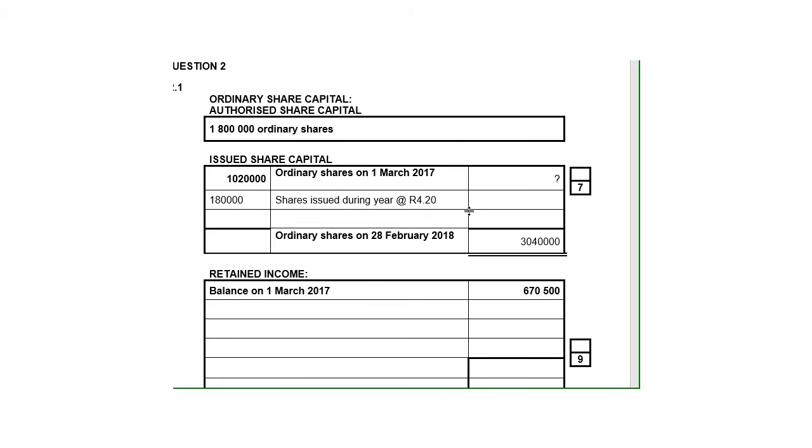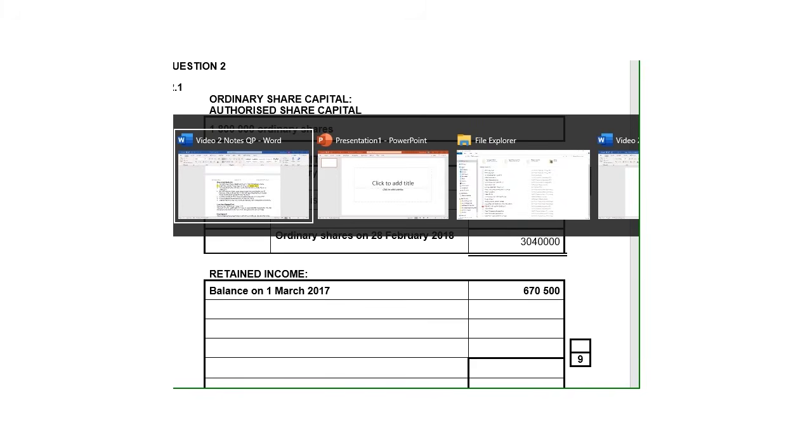So easy enough, I can do the calculation. It's the number of 180,000 multiplied by 420 that will give me the amount. So 180,000 times 420 gives me 756,000. So that one I've got in there complete.